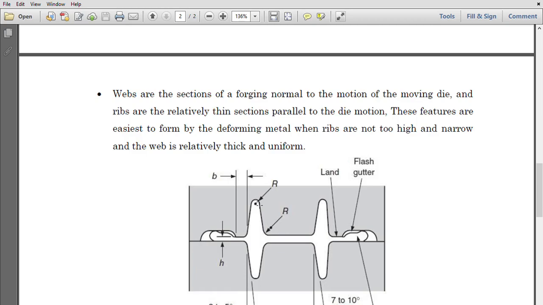Rib is the part which is parallel to the direction of the motion of the movable die, and web is the part which is perpendicular or normal to the direction of movement of the movable die. These features are easiest to form by the deforming material when the ribs are not too high and narrow and the web is relatively thick and uniform, right?